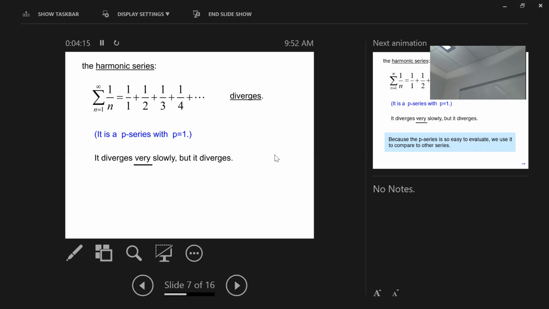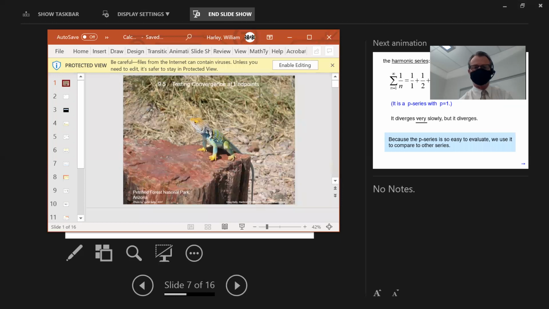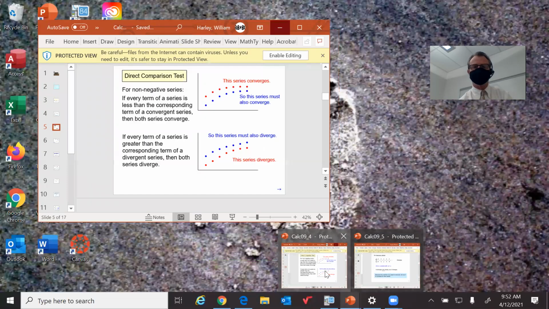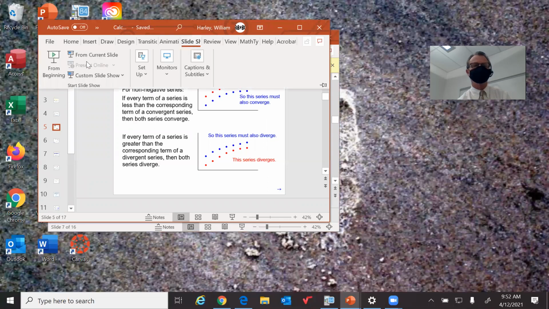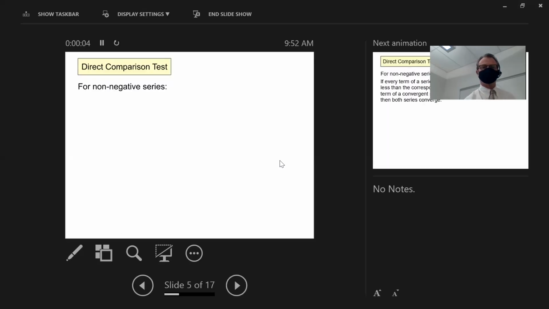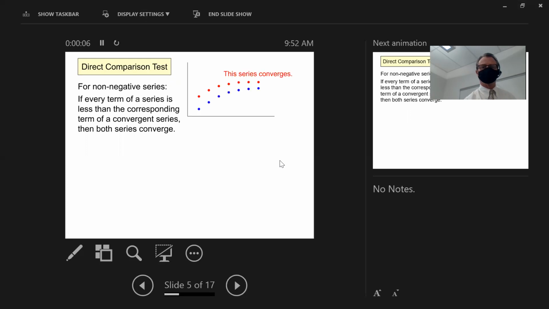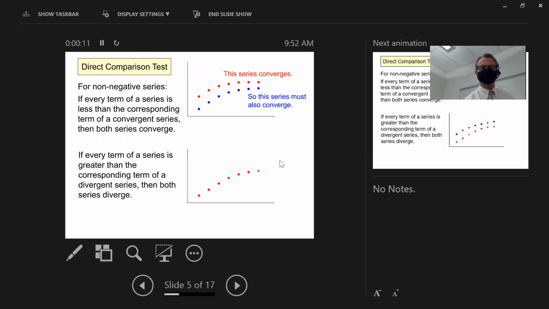So if I go back here to yesterday or the last week's PowerPoint. Ready? The bottom picture, think of this. The red term.